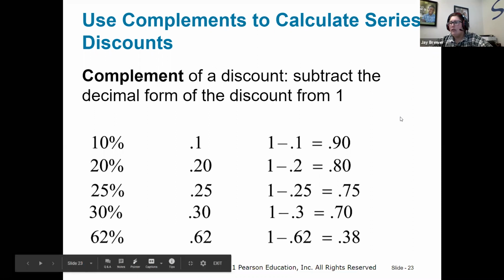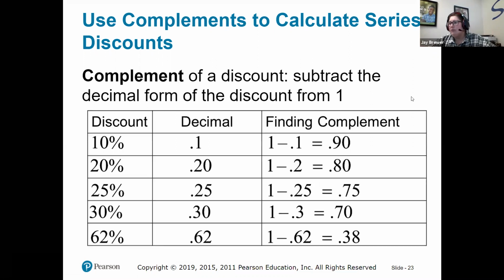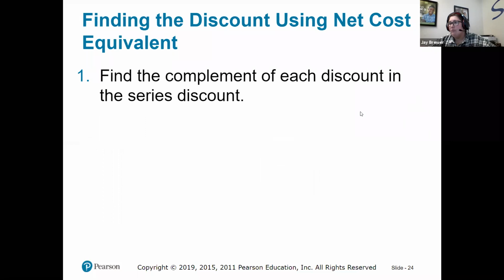What you basically need to write down is that the discount and the complement will add to 100 or 1, depending upon if you're going to use percents or decimals. But what I don't understand is how they're going to use it. Okay, I guess they're going to tell us that. Don't worry about writing all those complement examples down because you will be able to find them yourself.